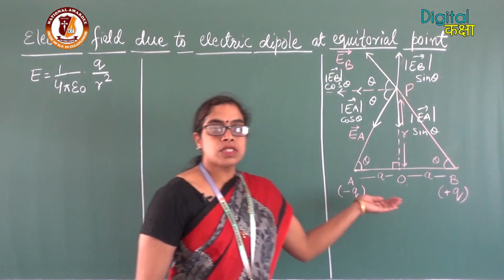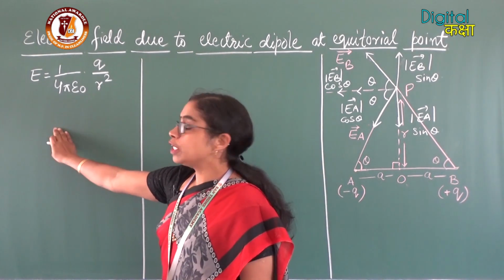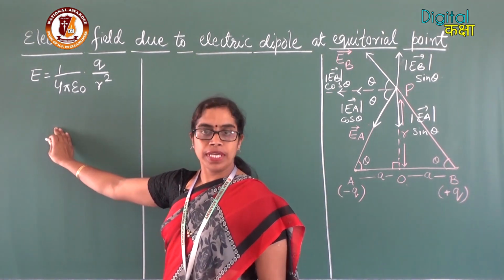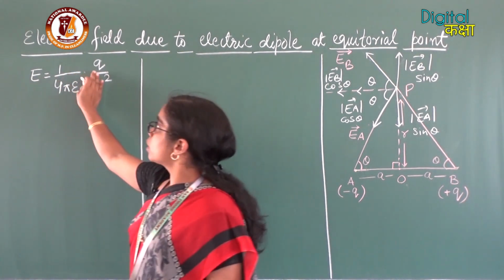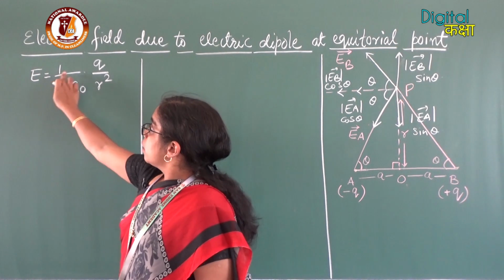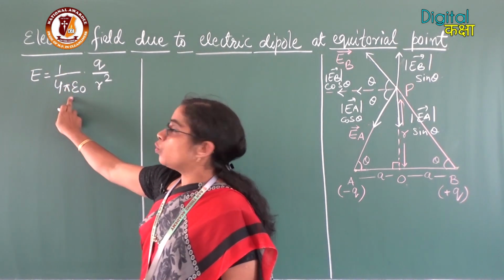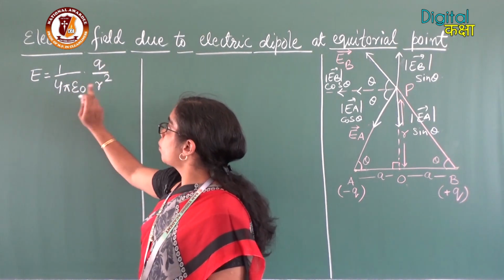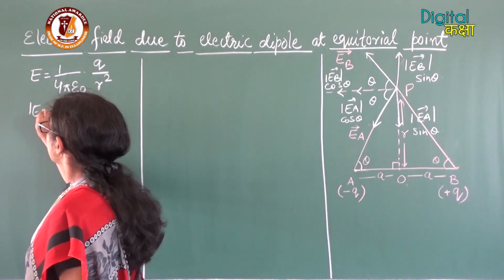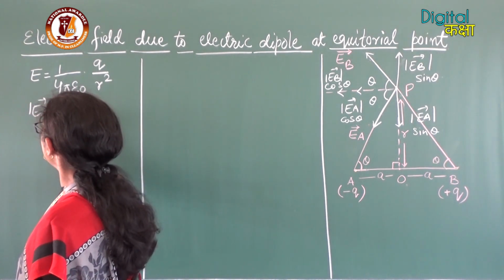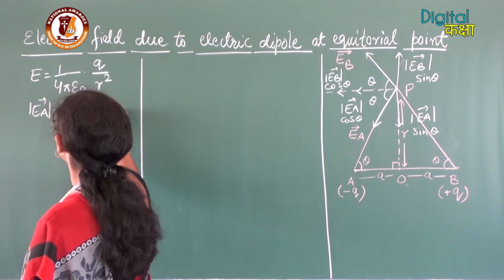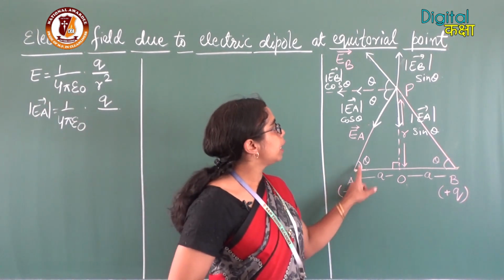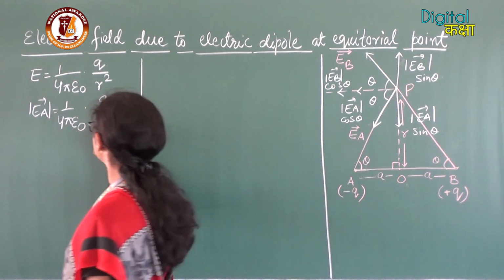Now let us solve for the magnitudes of EA and EB. Using the formula of electric field for a single charge, E is equal to 1 upon 4 pi epsilon naught times Q upon R square, the value of EA can be written as 1 upon 4 pi epsilon naught Q upon AP square.